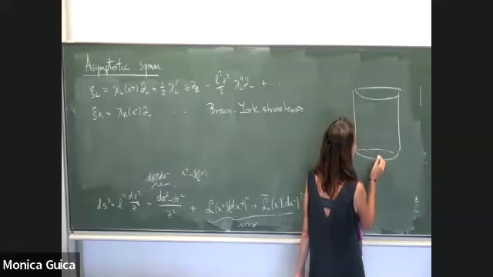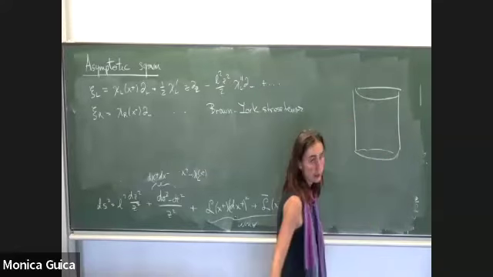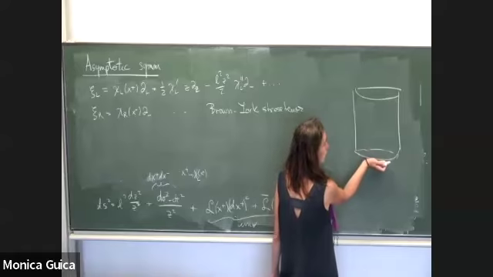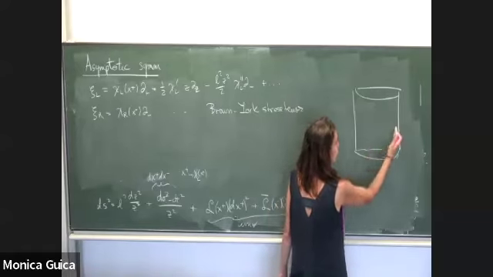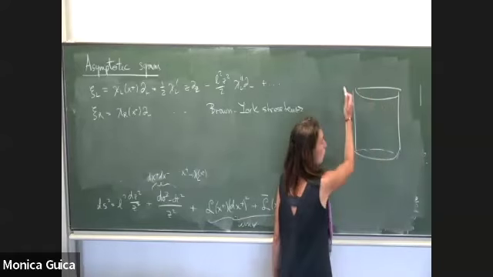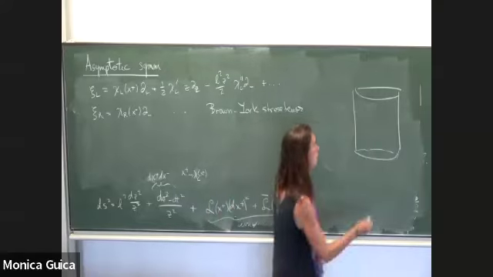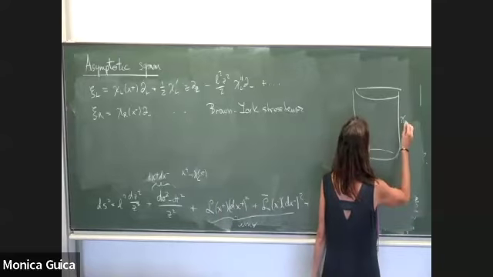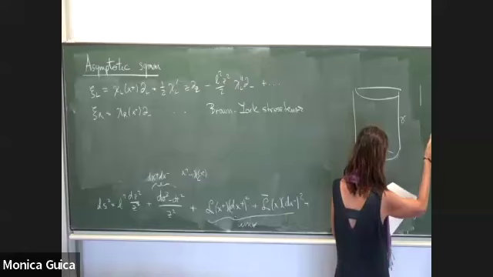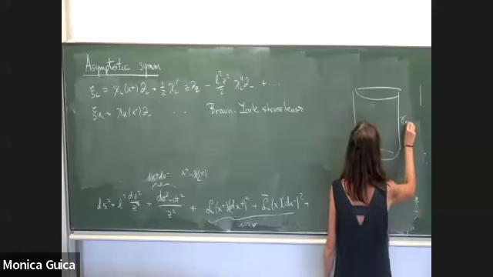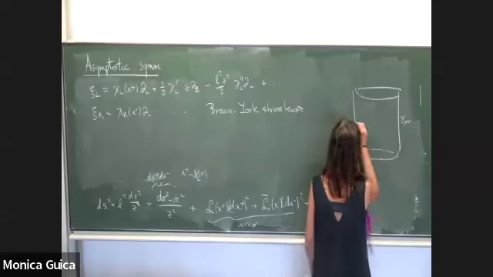It's clear that in order to specify evolution in this region, it's not sufficient to specify initial data. You also need to specify some data on these vertical walls over here. So they specify the induced metric on the boundary, which I call gamma mu nu.